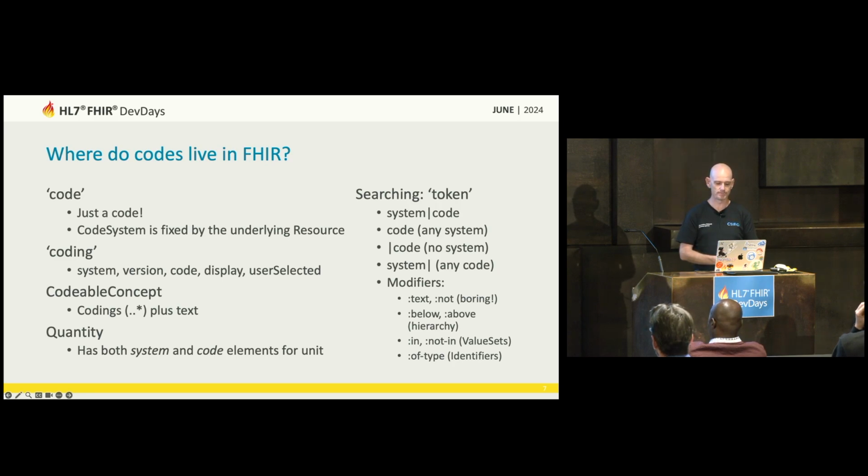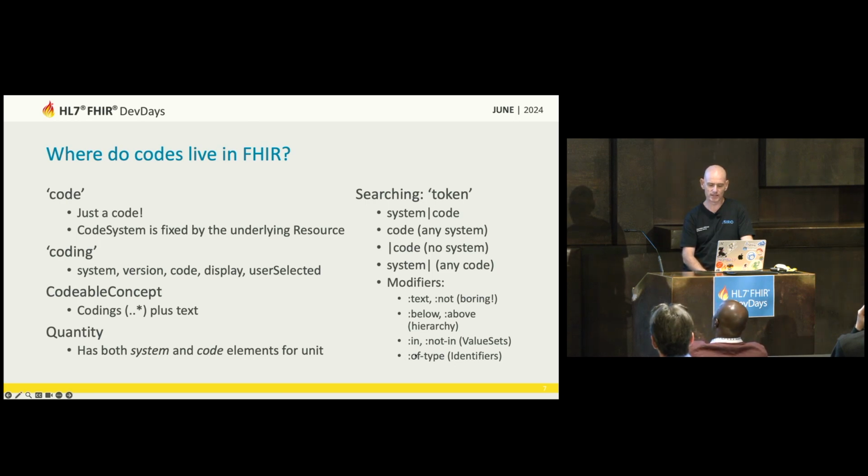Codes also appear in searching. So there's the token type that's used in searching. For that, you can specify a system and a code, just a code, which means kind of any system. You can specify a code, this particular special case in here, which is really a code with no system. And there's various different modifications of using this syntax.